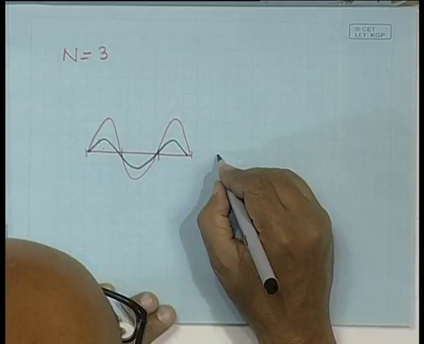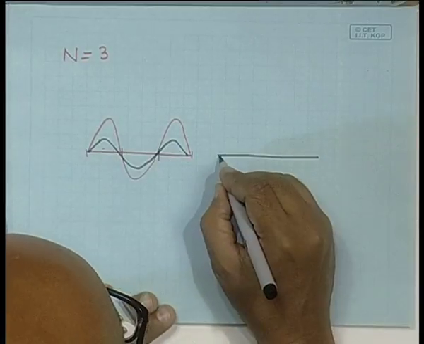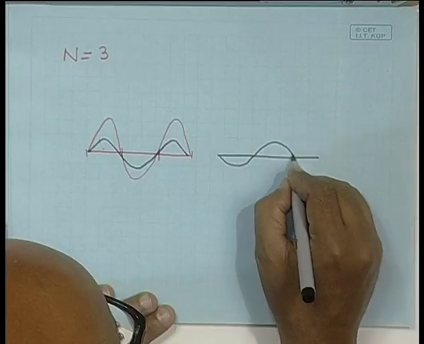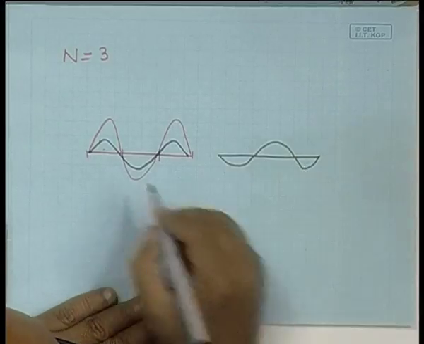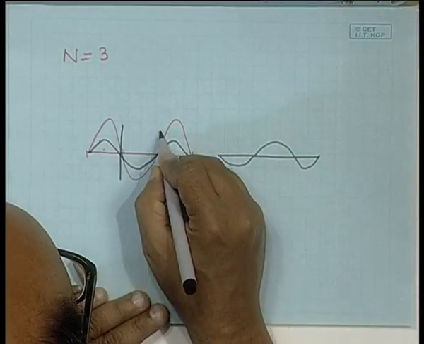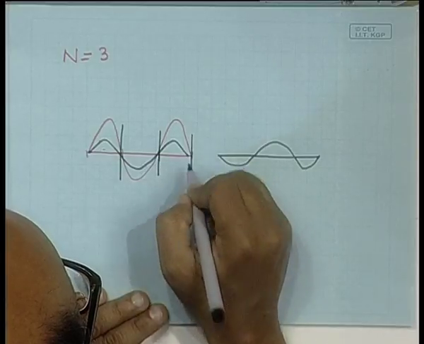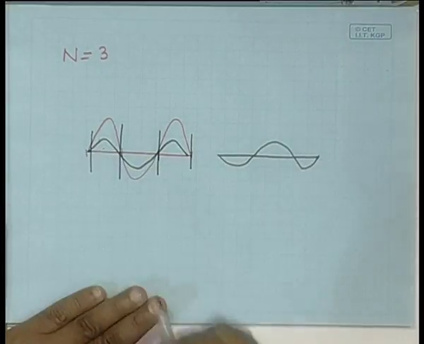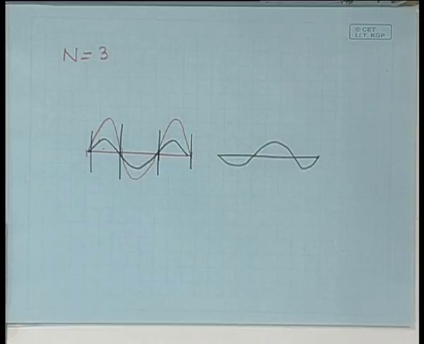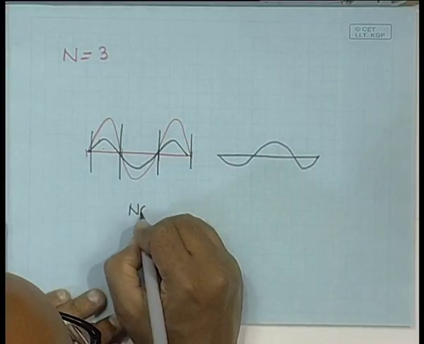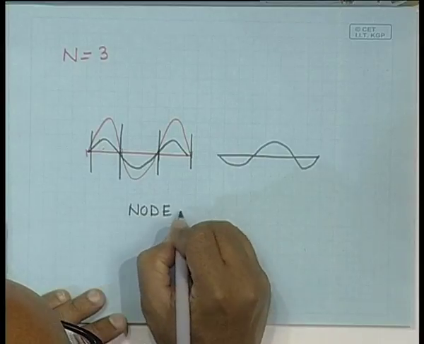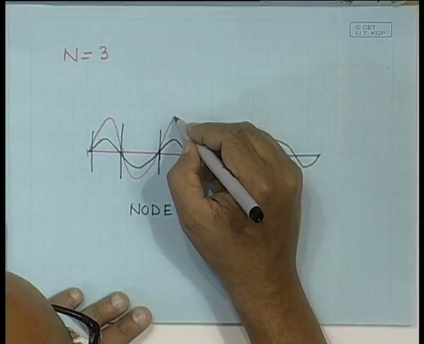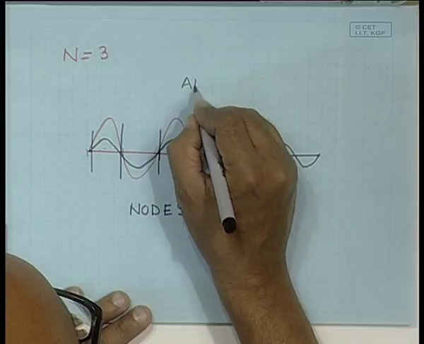So, the whole pattern will get inverted, it will look like this. So, these are the nodes, the value of the disturbance here continues to be 0 throughout the vibration. So, these are called nodes, and the points where the disturbance is maximum are called antinodes.